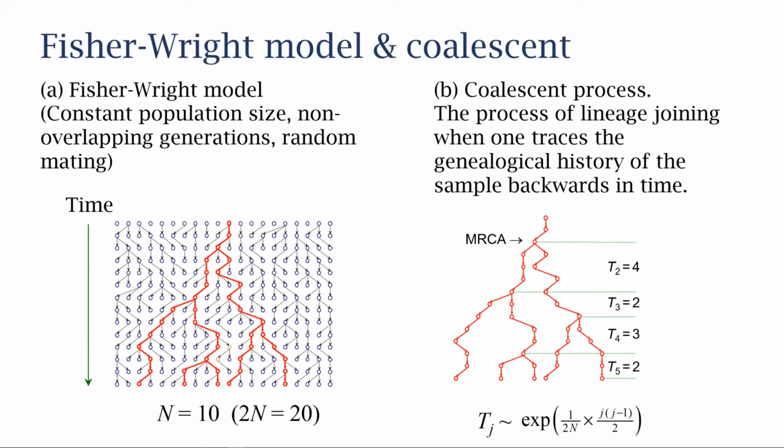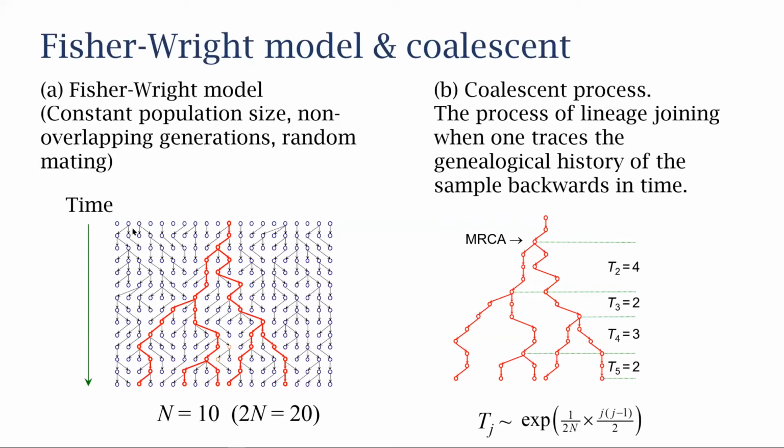So it's a binomial sampling model. In the literature, it's often written as the Wright-Fisher model, but I think it was Anthony Edwards in Cambridge who pointed out that Fisher's paper was 1930, Wright's was 31, so it should be called the Fisher-Wright model. So just take the middle ground, we call this the Fisher-Wright model.